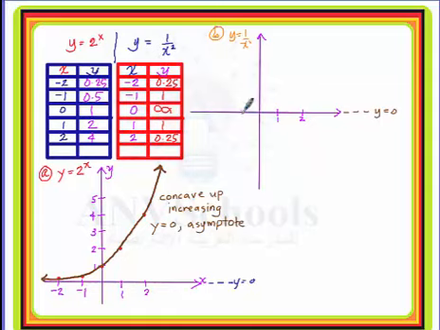This is negative 1, negative 2. 1, 2, 3, 4. These are the y values. 1, negative 1. Negative 2. It's pretty much big. So negative 2, negative 3, negative 4.